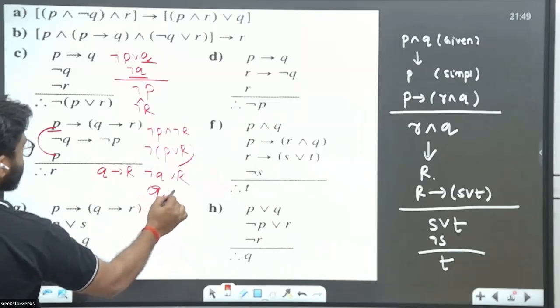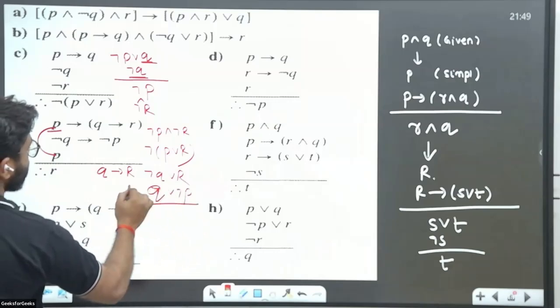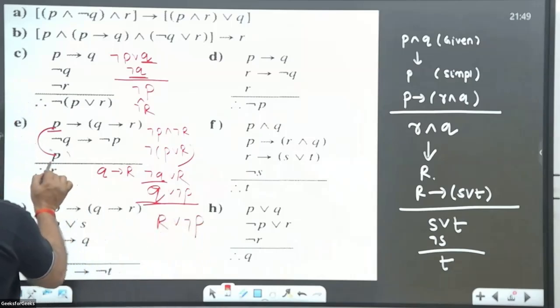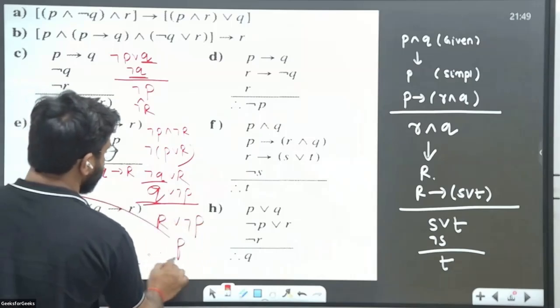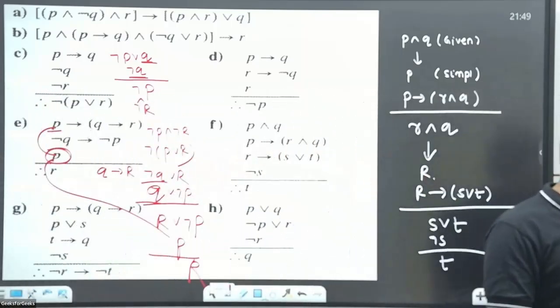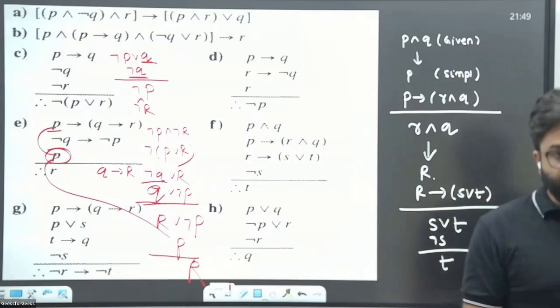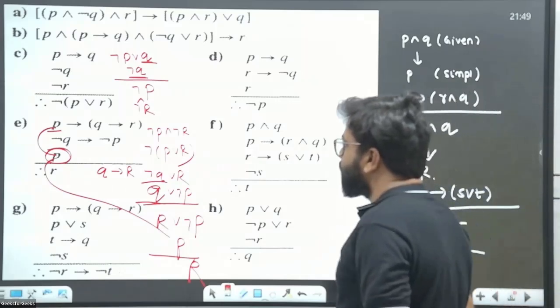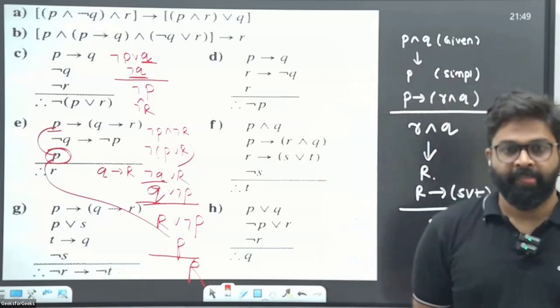You will get positive Q or negation of P. One positive, one negative. You will get R or negation of P. You can use P 2 times. You can use P. You will get R. Did I tell you that we can use P 2 times, 3 times? Yes, sir, you told. So for E, you can get it. Understood?